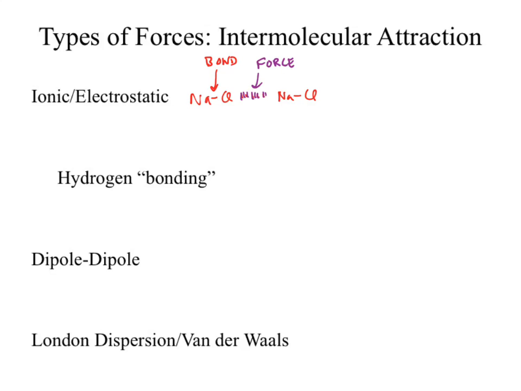You're looking at interactions at different states. How did we get an ionic or electrostatic force? Well, what type of bond did we need to have? We needed an ionic bond. Well, let's change that around. Let's call this our bond needed to be ionic.